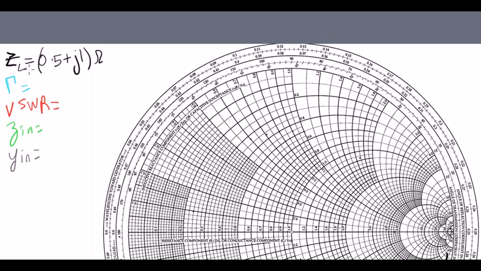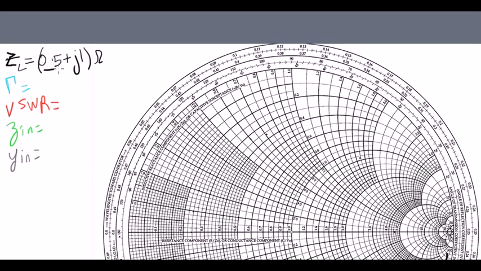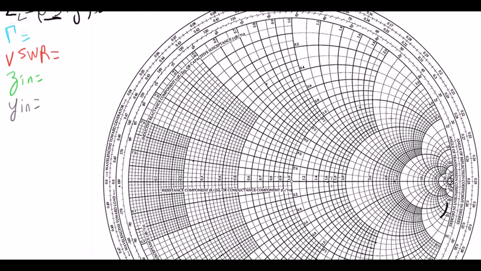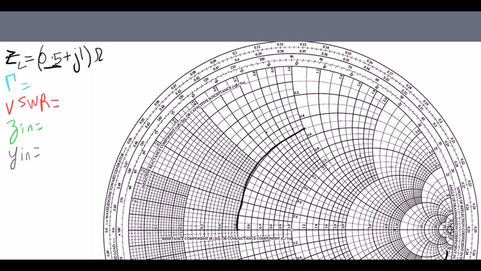So let's start with the normalized impedance, which is 0.5 plus J1. So 0.5 will obviously be the resistance component. We look at that axis, and it's 0.5, which is this point. You keep going. This will be the line, the curve actually, for 0.5. You keep going all the way to your J1 part, which is the inductive reactance component.